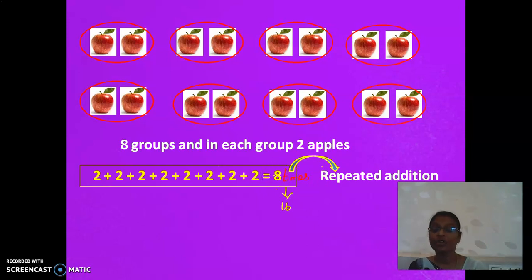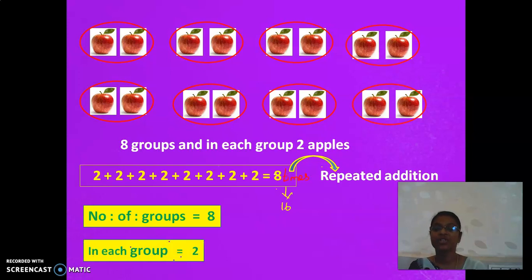Okay. So how many groups are there? 8 groups are there. And in each group, how many apples are there? 2 apples are there. And what is the total? Total is 16. Can you understand how we are classifying the groups and in each group how many objects are there?